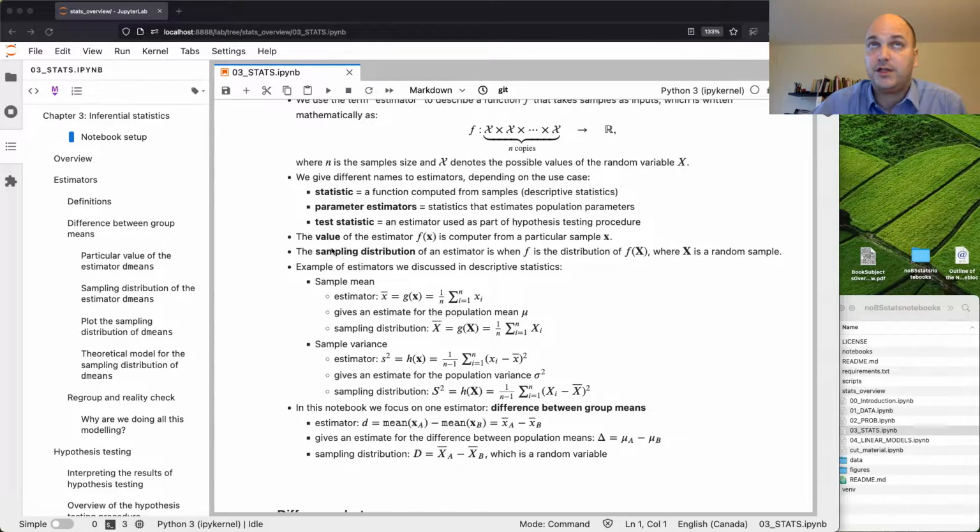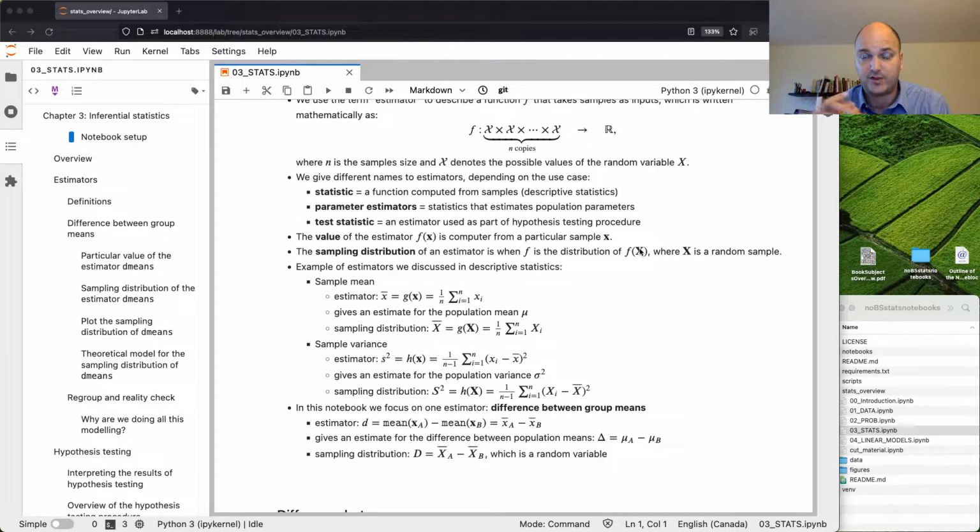So the key thing to understand is the relation between this quantity, which is the value of the estimator for a particular sample, and this quantity, which is the value of the estimator computed on a random sample. So this is a number: you have some sample, you compute its average, you get one number. This is a distribution. You take the set of all possible samples, so they're random.